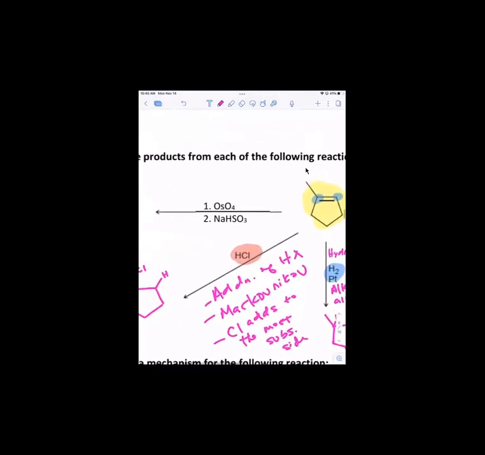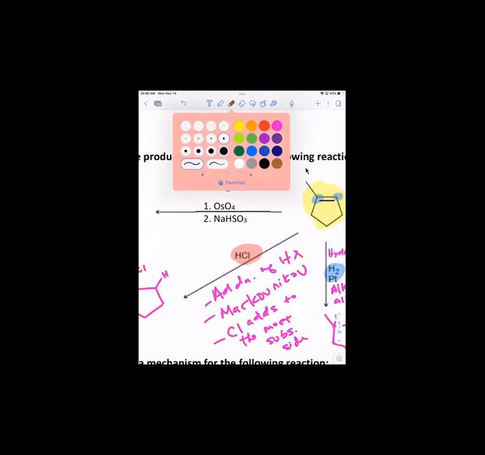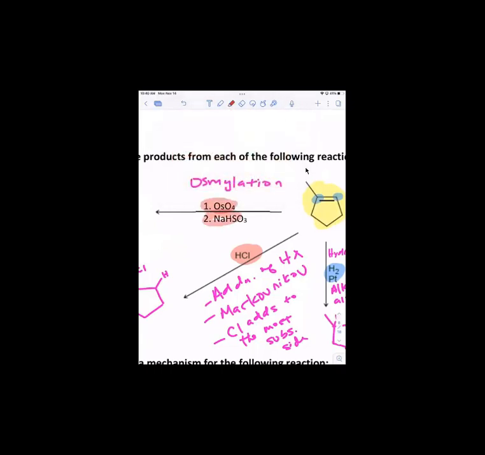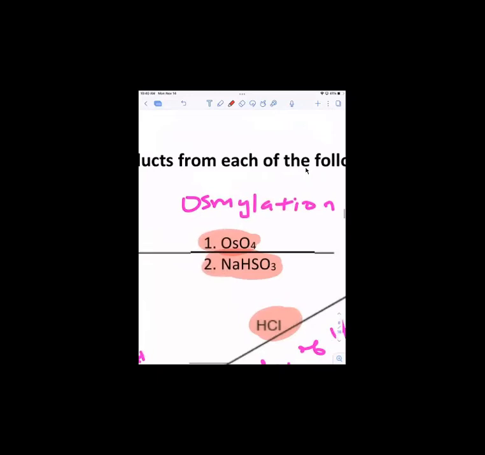So this reaction is what we call osmolation. These are the reagents for it. Osmium tetroxide and sodium hydrogen sulfite. Right? When you see OsO4 and sodium hydrogen sulfite in the presence of an alkene, it does one thing, right? This is a way to make what we call diols.